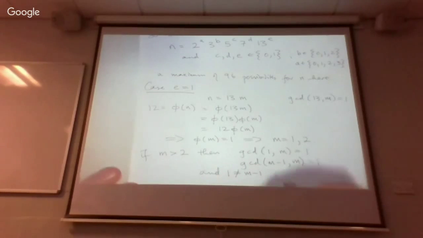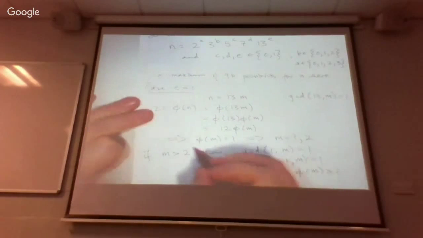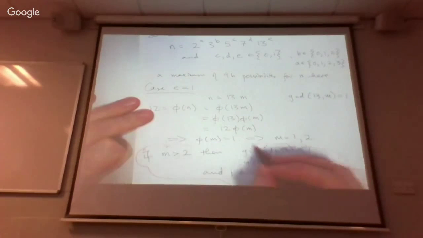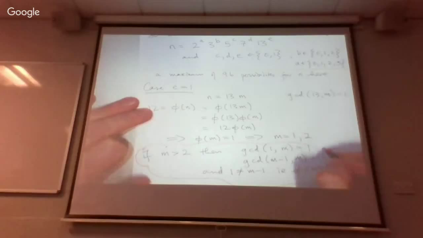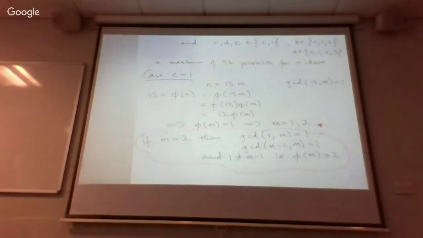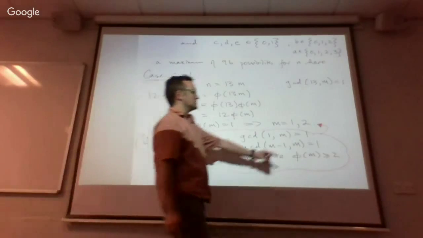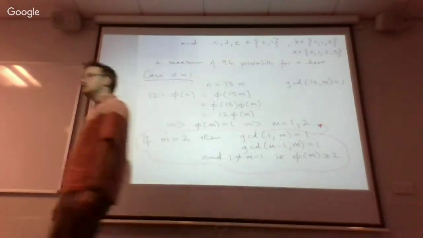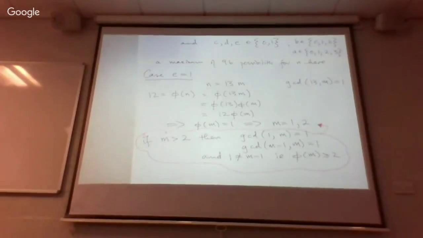So that says phi of m is strictly bigger than or equal to 2. So that's like a little aside here, justifying this conclusion. For any m bigger than 2, the phi value is always at least 2. At least 1 and m minus 1 will be co-prime to m.